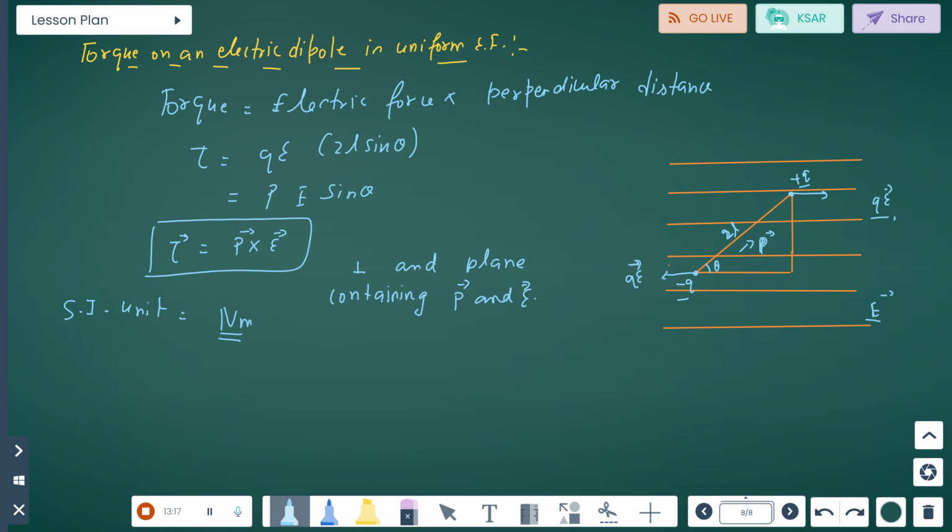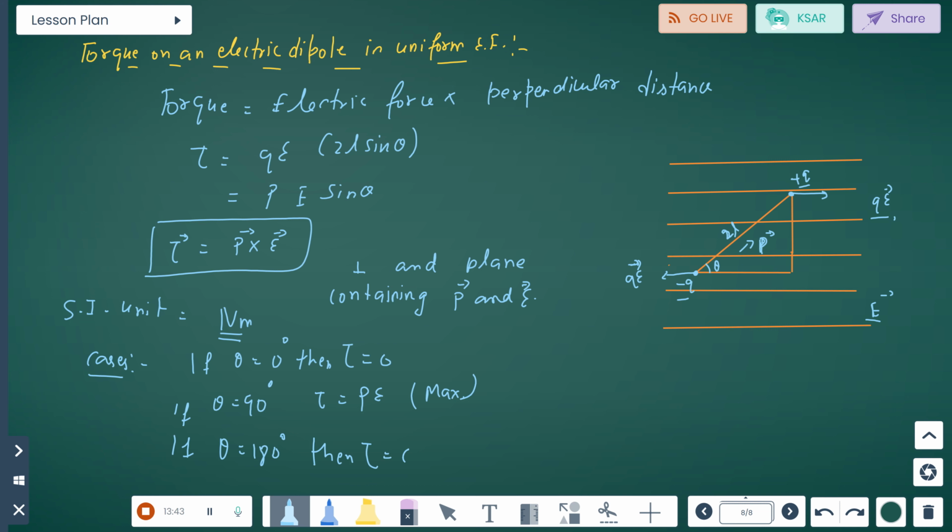And in some cases, if theta is equal to 0, then tau is equal to 0. If theta is equal to 90 degree, tau is equal to PE, the maximum value. If theta is equal to 180 degree, then tau is equal to 0. Okay.